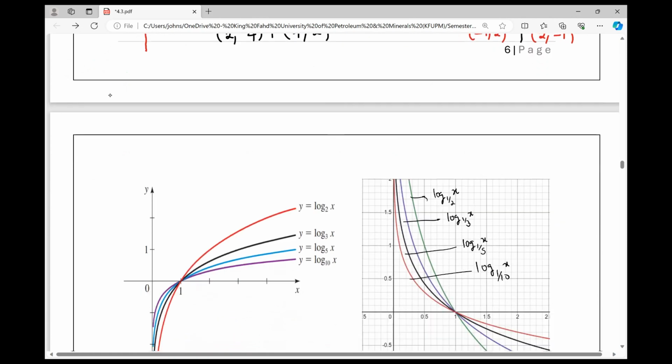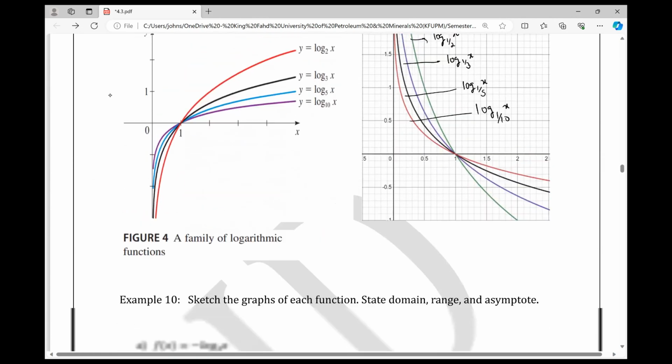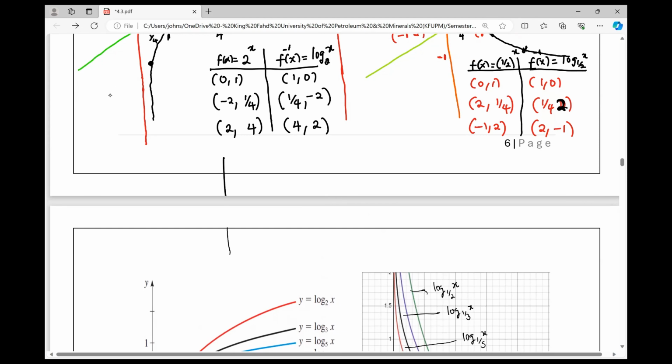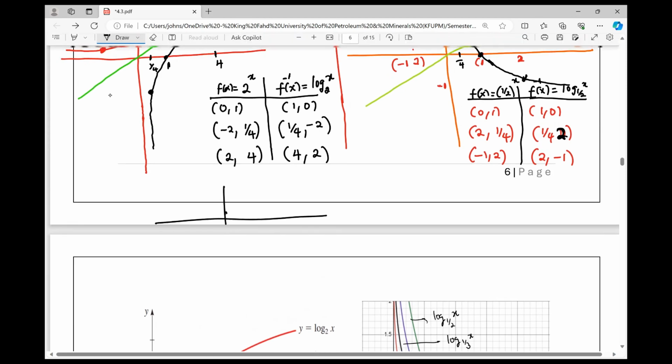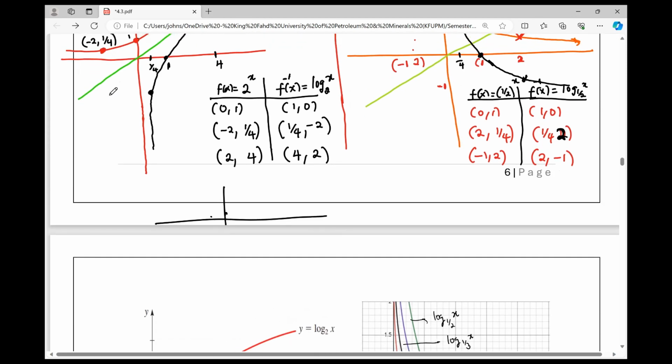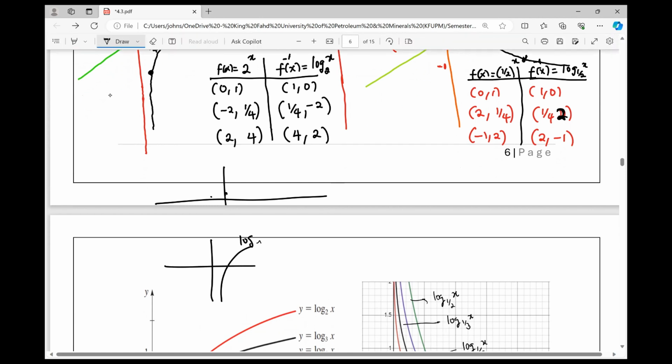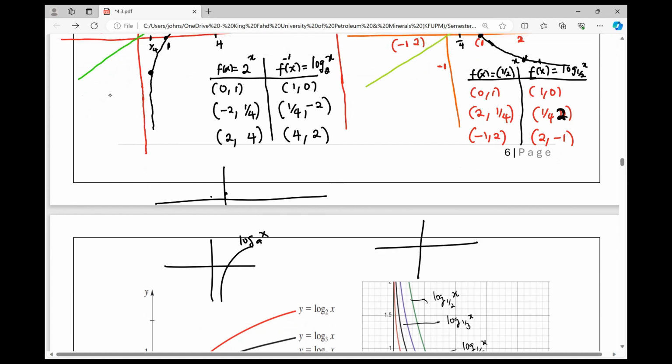So in just a nutshell, let's just summarize this. It means that you're going to have two types of graph, right? For logarithm, we're going to have two types. The first one is this one. And this is only when our a is greater than 1.